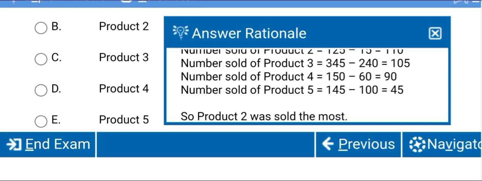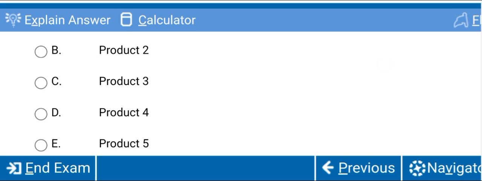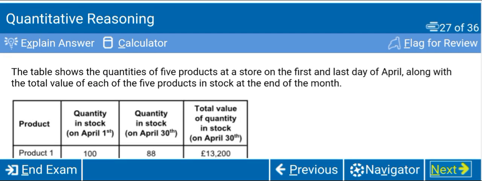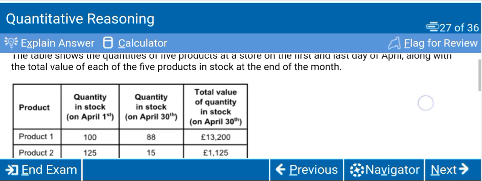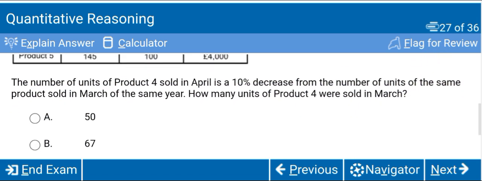So product 2 was sold the most. That's why the correct option is option B. Next question, again with the same statement and the same information in the table. The number of units of product 4 sold in April is a 10% decrease from the number of units of the same product sold in March of the same year.